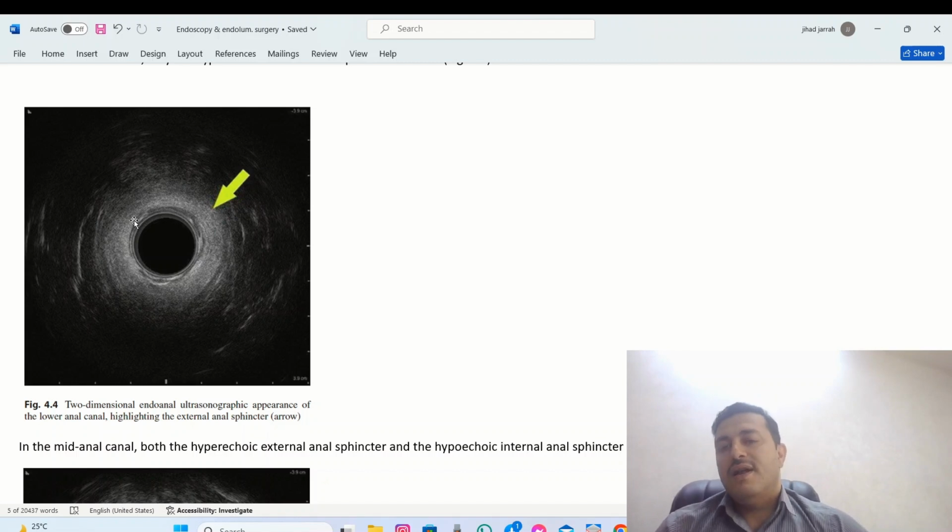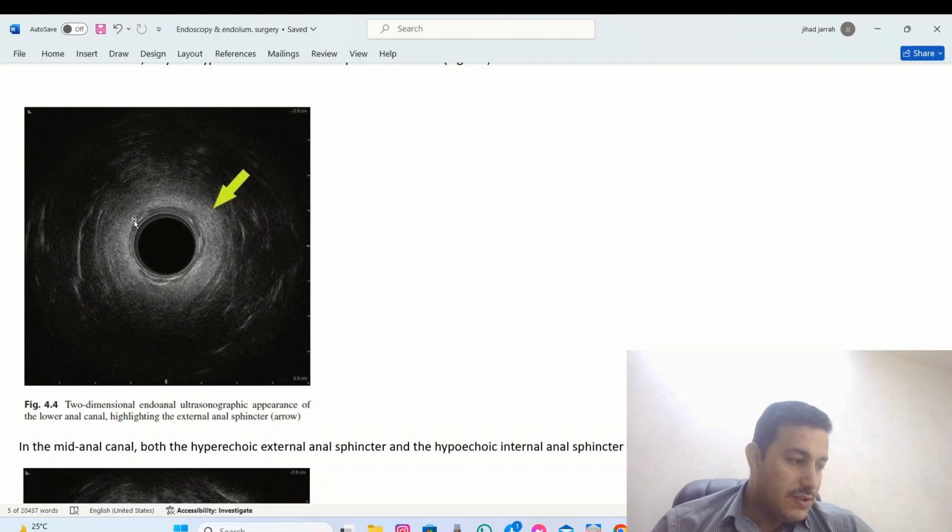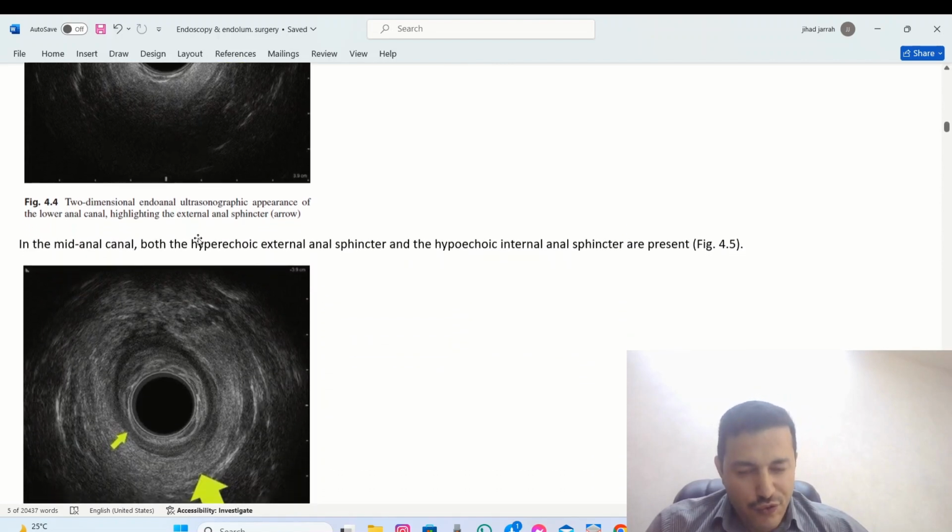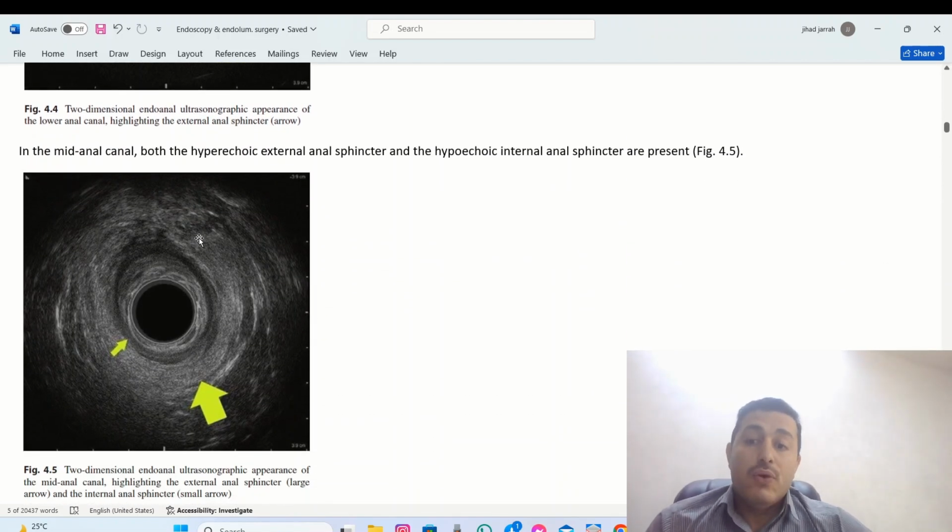We know that the external anal sphincter is more distal than the internal anal sphincter. So distally there is only the hyperechoic external anal sphincter. If we move up to the middle anal canal, we start to see two structures: the hyperechoic external and the hypoechoic internal anal sphincter.